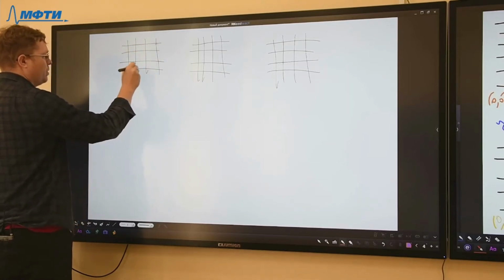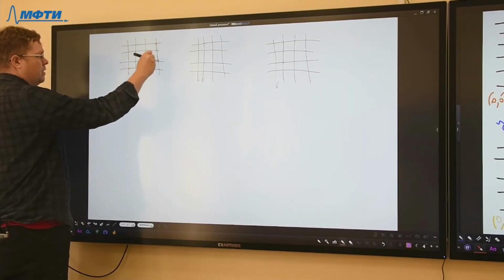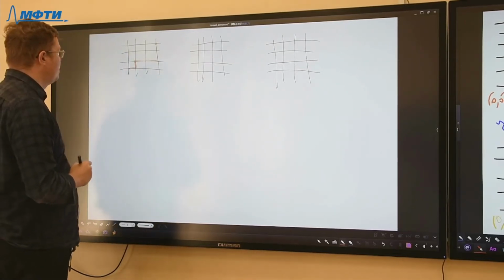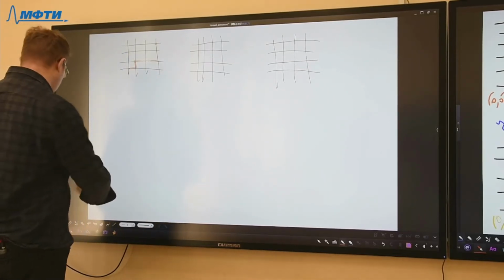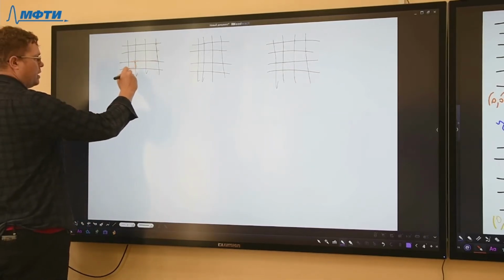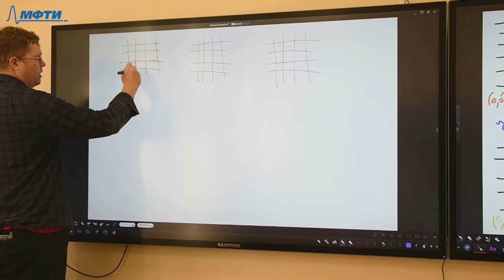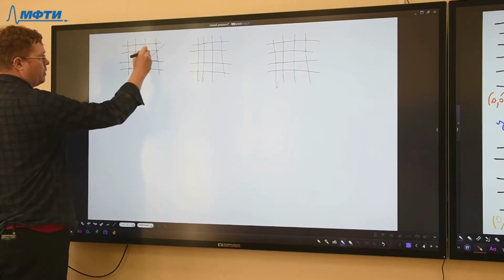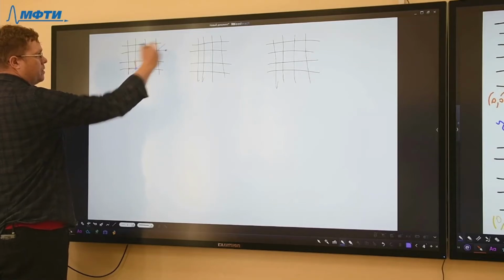So for example, for this one, I just take this intersection and then I reflect it. Then I will be going like this here.